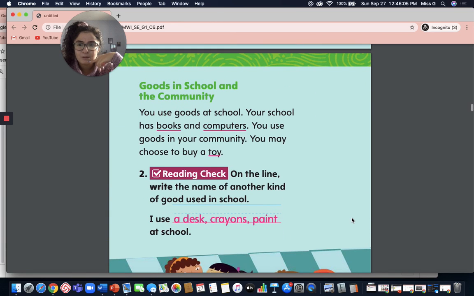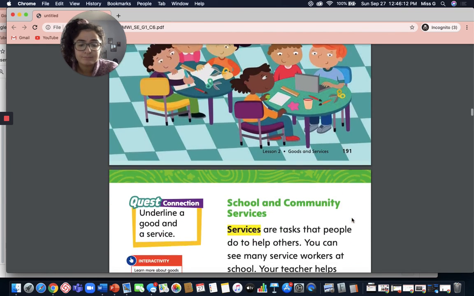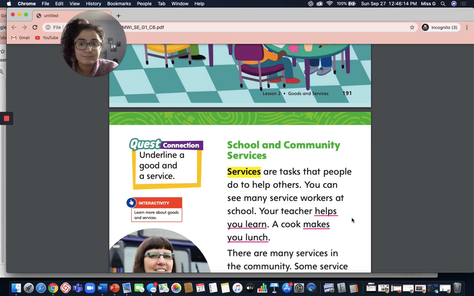And how about services? Can you remind me, what are services? Services are tasks that people do to help others. Can you think of an example of a service?